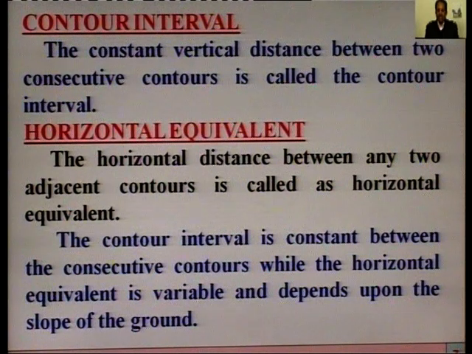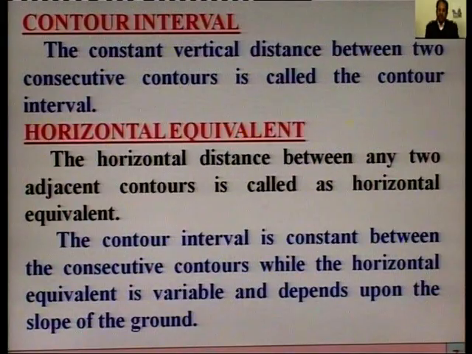Once again I repeat, the horizontal distance between any two adjacent contours is called horizontal equivalent. The contour interval is constant. This is very important. You just have to listen to both the definitions.